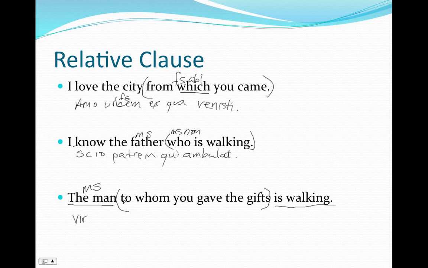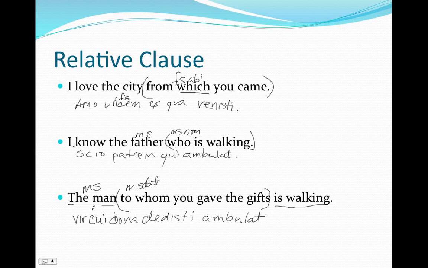And then we look and we say, okay, to whom you gave, so it's a dative indirect object. So vir, cui, dona is accusative, it's a direct object, and dedisti, you gave. So vir, cui dona dedisti, and then we put our verb from the main clause, ambulat.